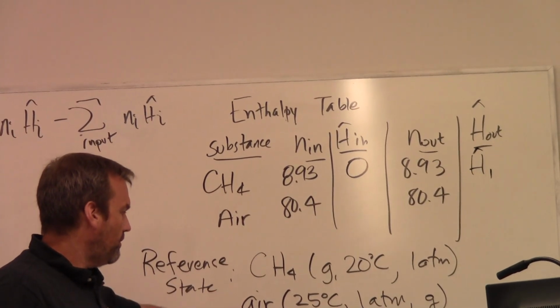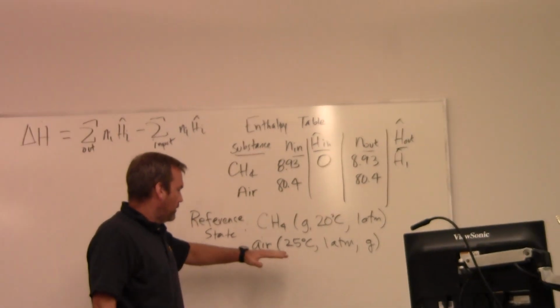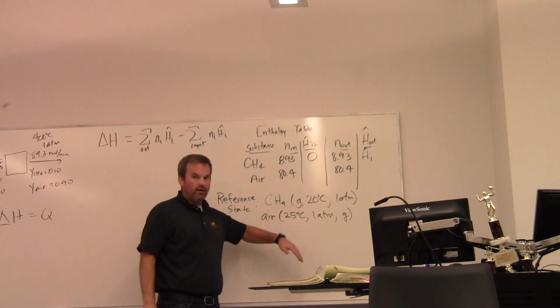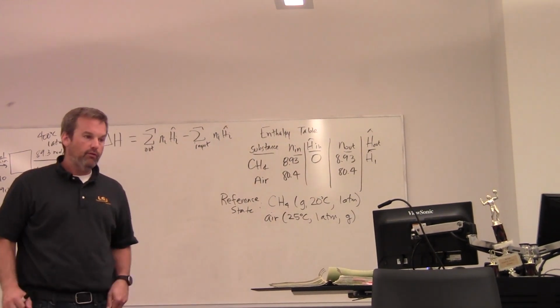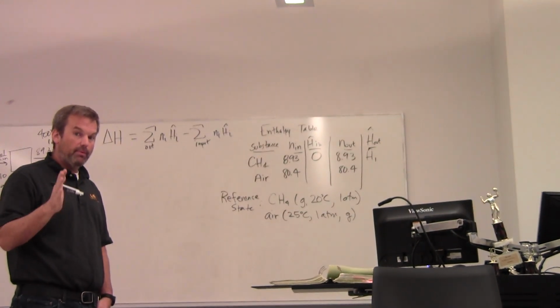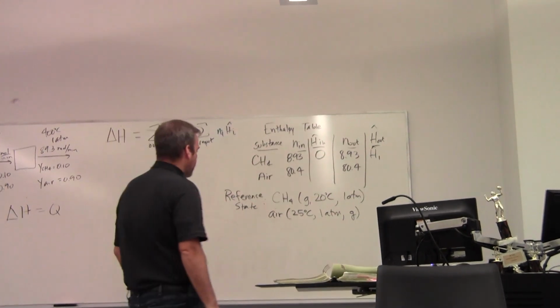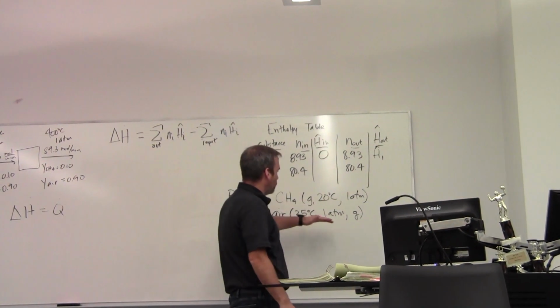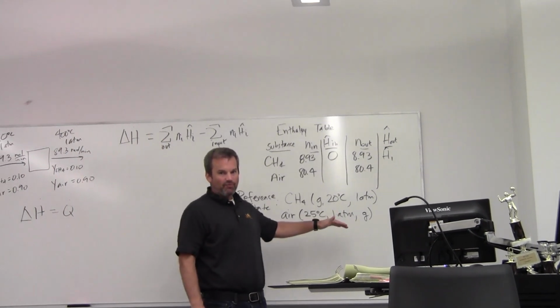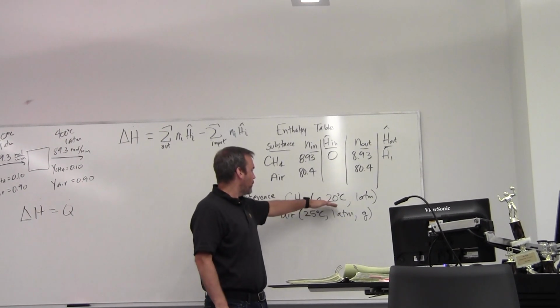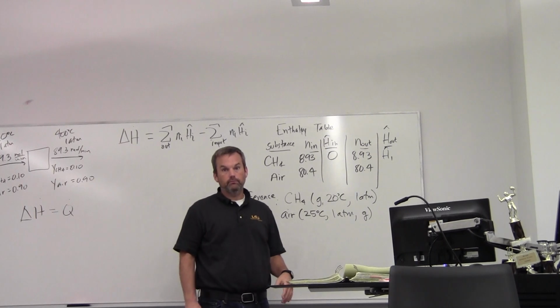Now, you may be thinking for air, how come you didn't pick 20 degrees Celsius as well to make that value 0? And the truth is, I could have done that, but I picked a different reference state. I picked 25 degrees Celsius and 1 atmosphere as a gas. Anybody know why I picked that for my reference state instead of picking 20 like I did for methane?